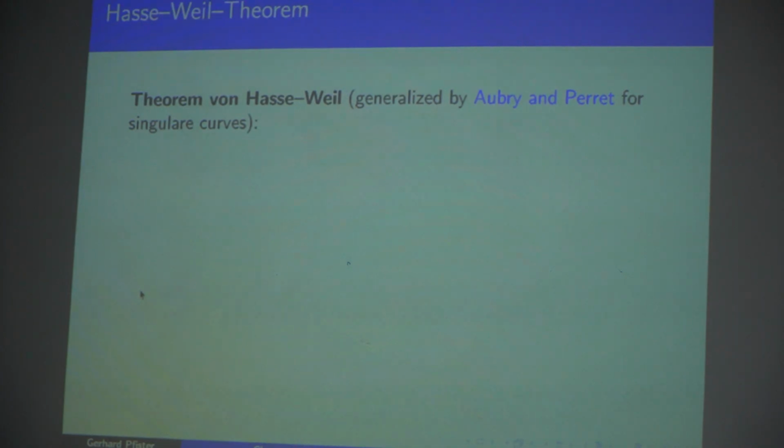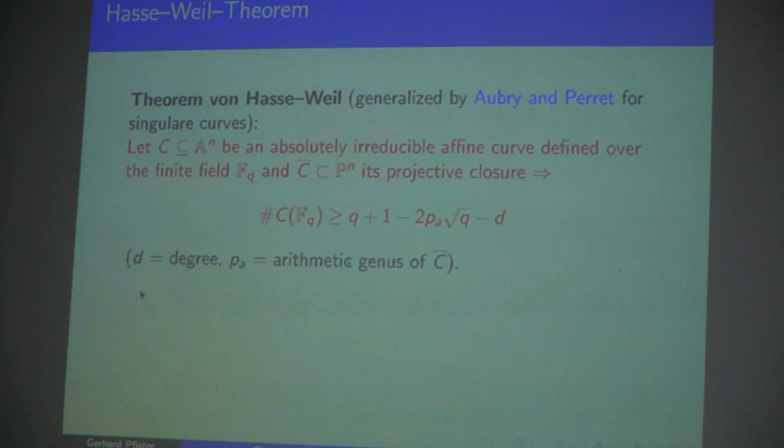And that's the theorem of Hasse-Weil, which says if you have a curve which is absolutely irreducible, where absolutely irreducible means it is irreducible under any field extension, and defined over the field Fq, you take its projective closure, and then there is an estimate of the number of points on this curve in terms of q, the arithmetic genus, and the degree of the curve.